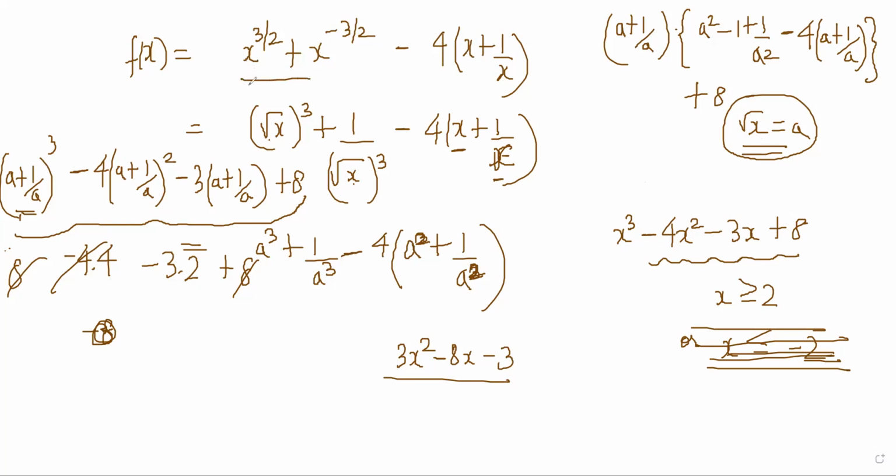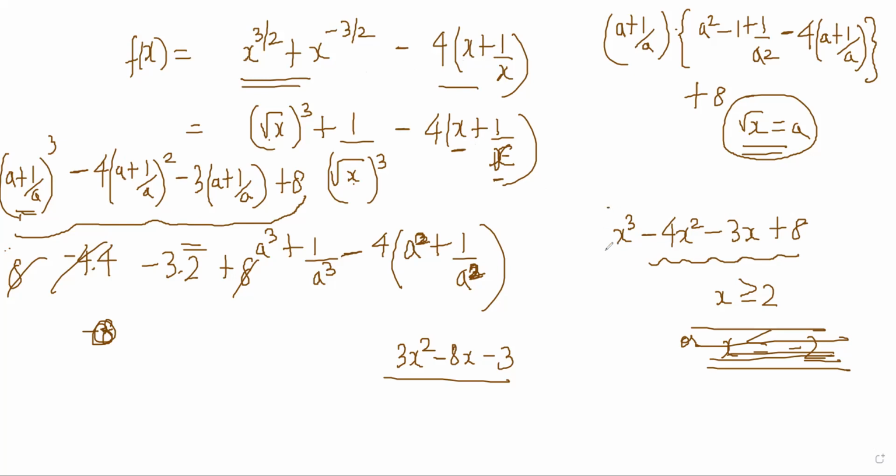Won't x to the power 3 by 2 plus 1 by x to the power 3 by 2 be 2 minimum? Then how will you compare? You cannot directly use it because it's a subtraction of two things. How will you decide?